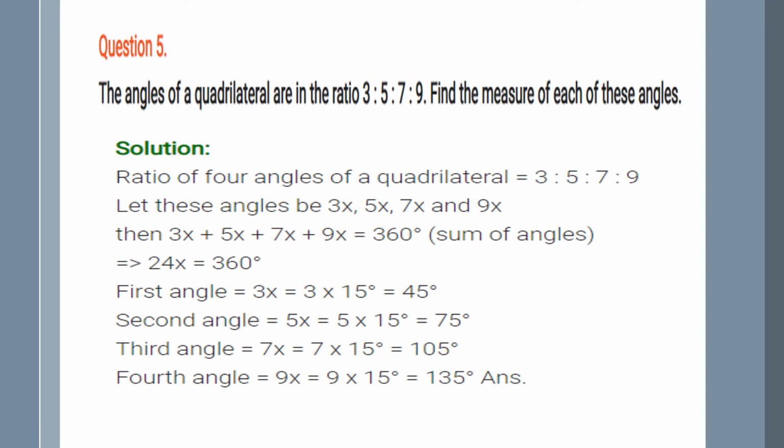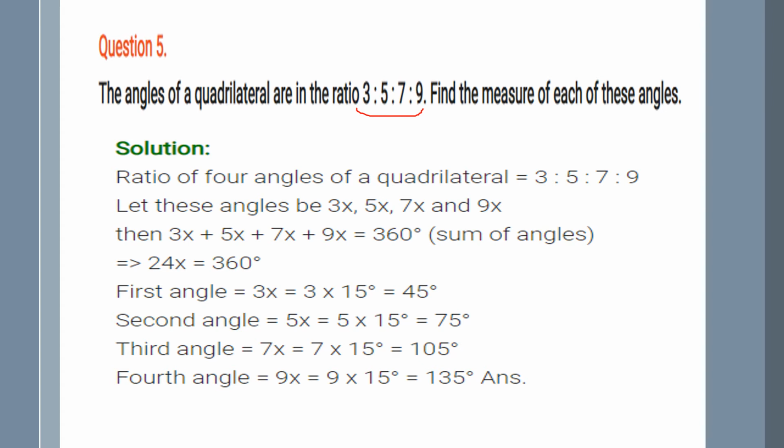The angles of a quadrilateral are in the ratio 3:5:7:9. Find the measure of each of these angles. So students, in this, what you have to do: whenever the ratio is given, you have to take the number with x. If ratio 3 is given, then you take the angle as 3x, 5 ratio 5x, 7 ratio 7x, 9 ratio 9x.